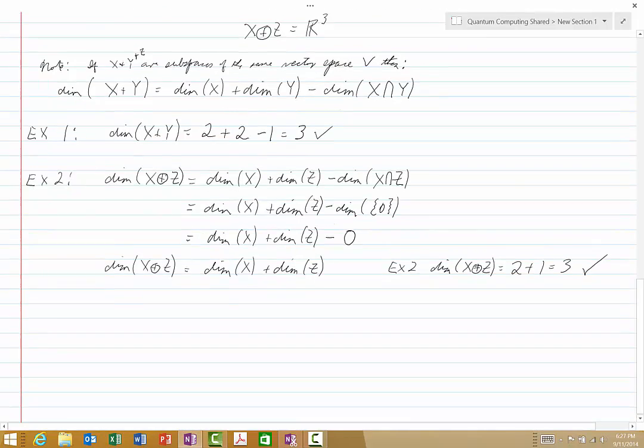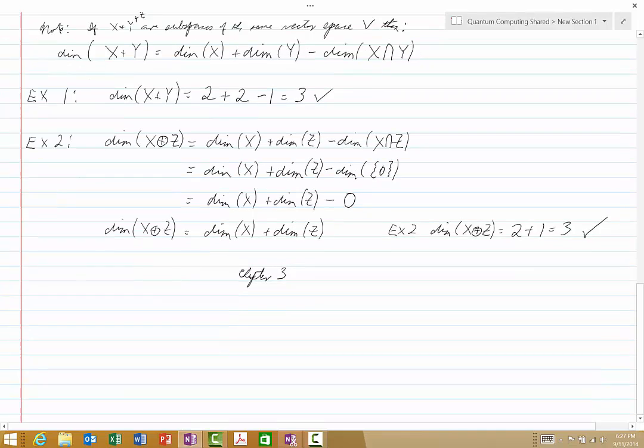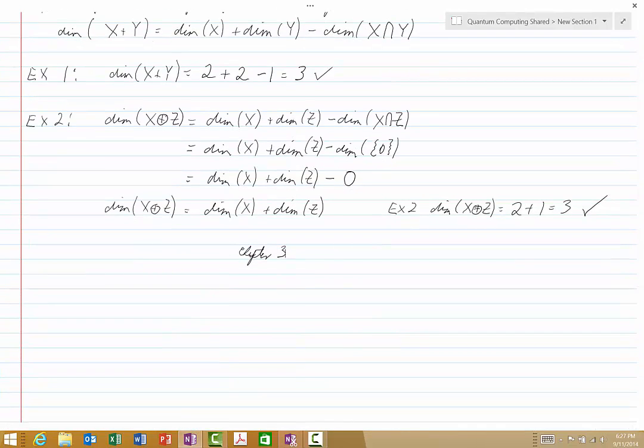So now that we've said this, we're interested in getting into chapter 3 of your book. And you'll see immediately why I wanted to be very careful about these definitions, because when you look in your book, you will see that the authors define the direct sum. This is the first item in chapter 3.